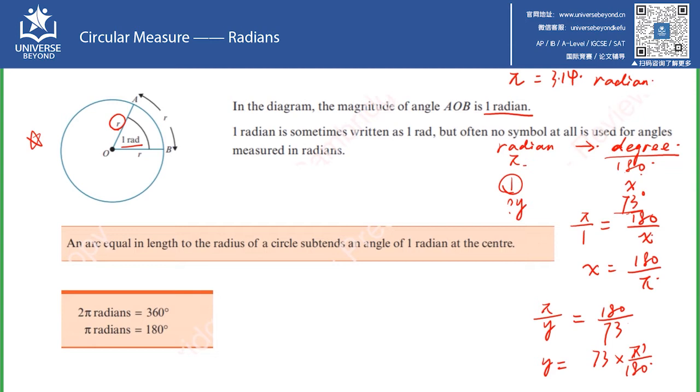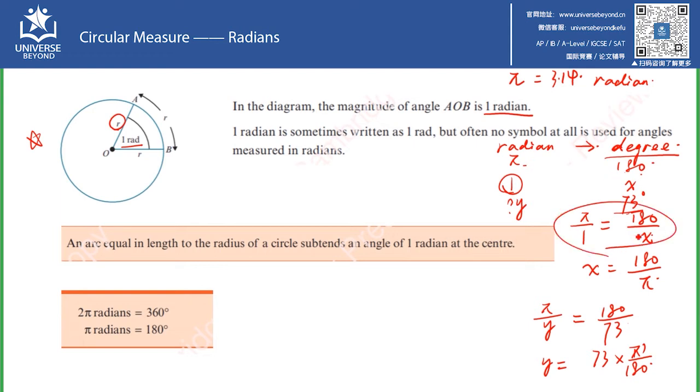So in the future, if you are facing a question where you want to calculate the degree for a radian, or the radian for a degree, you just write down pi and 180. If you want to calculate the radian, you set x there; if you want to calculate the degree, you set x there.